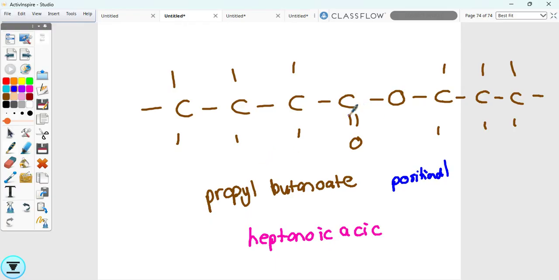Yeah, you can move it once, and that would be the easiest way. So if they just ask you for the name of a positional isomer, what would you say?